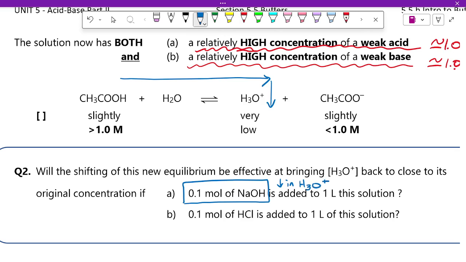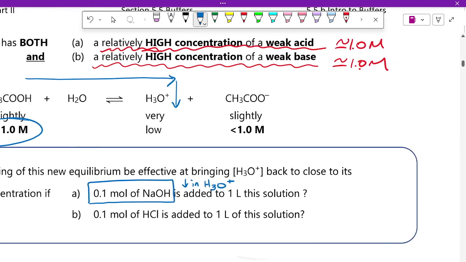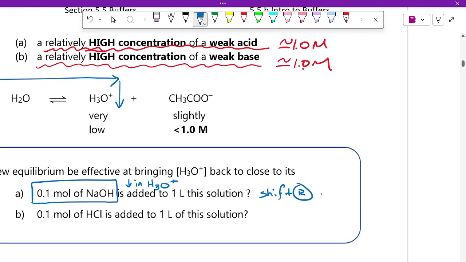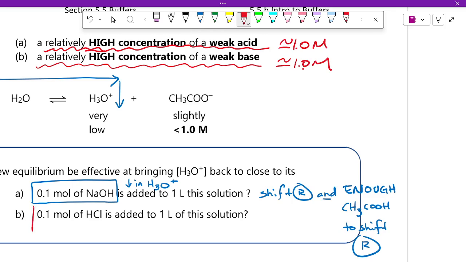Are we able to shift to the right? Do we have enough of this to shift to the right? Yes. If we add some HCl, this one I'm going to do in red.